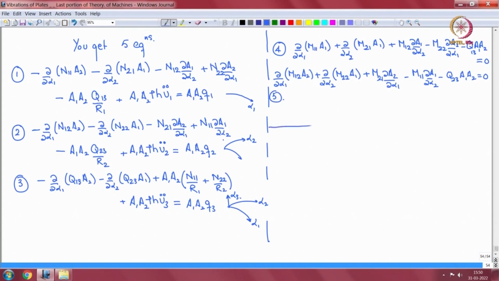Okay. So the first objective is achieved. So we have a general set of equations. So if you substitute the right A1, A2, R1, R2, then you will get the appropriate equations.